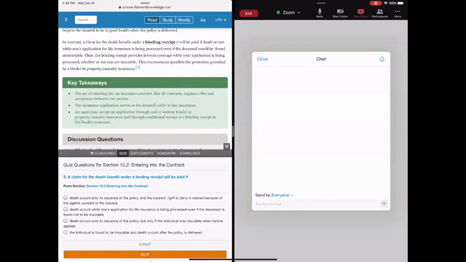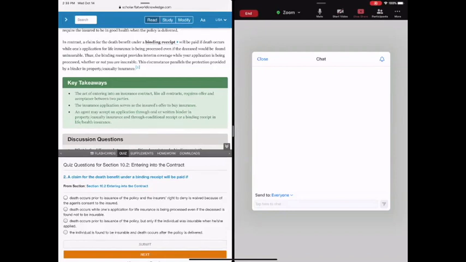A claim for the death benefit under a binding receipt will be paid if death occurs prior to the issuance of the policy and the insurer's right to deny is waived because of the agent's consent to the insured, or death occurs while one's application for life insurance is being processed, even if the deceased is found not to be insurable, or death occurs prior to issuance of policy, but only if the insured was insurable when he or she applied.